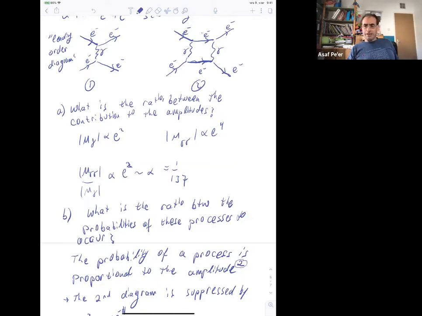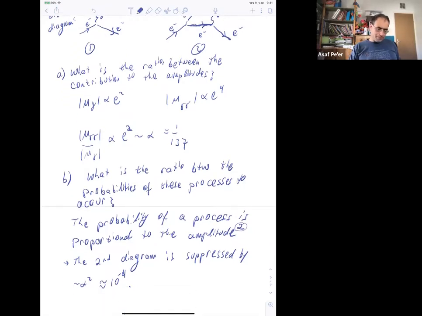In principle we have to sum over an infinite number of them, but the corrections are going to be negligibly small. So in perturbation theory, it often suffices to stick with the leading or next to leading order.